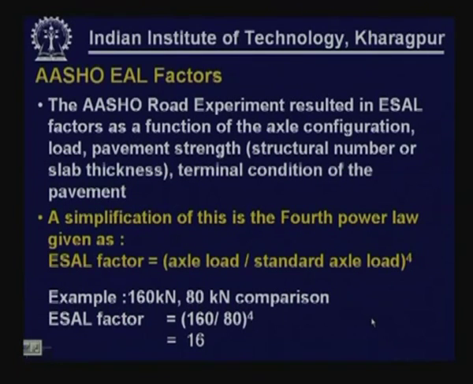The AASHO equivalent load factors have been derived out of a large number of experiments conducted on different types of pavements, by loading these pavements with different load magnitudes and observing the performance, the damage that is caused to these pavements by different load magnitudes. So these are usually found in tabulated form for different types of pavements and different load magnitudes, but a simplification of this is what is known as the fourth power law.